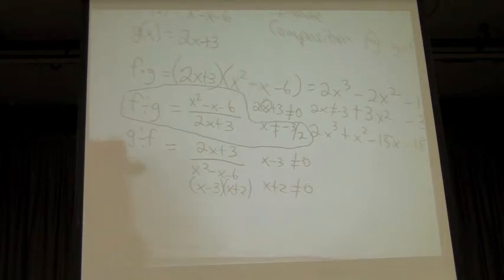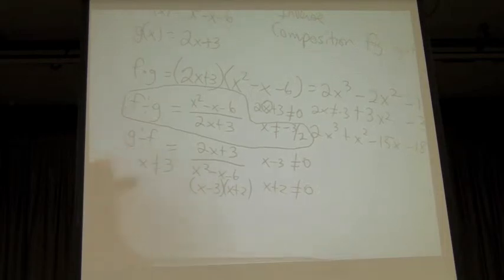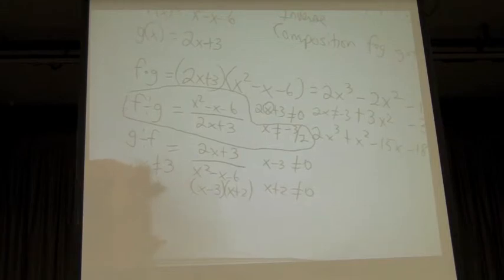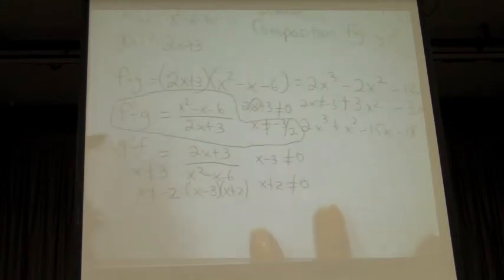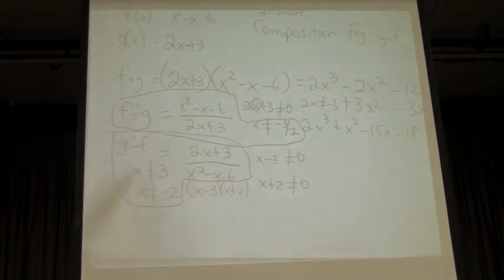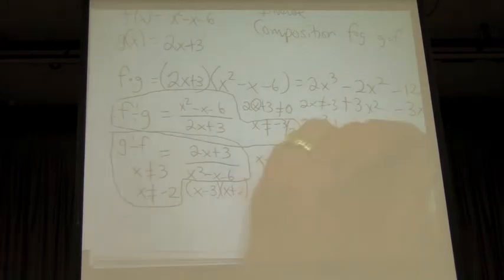Therefore, x cannot equal 3 and x cannot equal negative 2. So g divided by f is the g of x function in the numerator, the f of x function in the denominator, with not 1 but 2 domain restrictions that were found by factoring and using the zero product property.